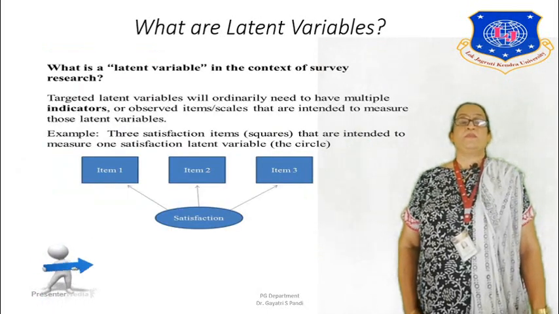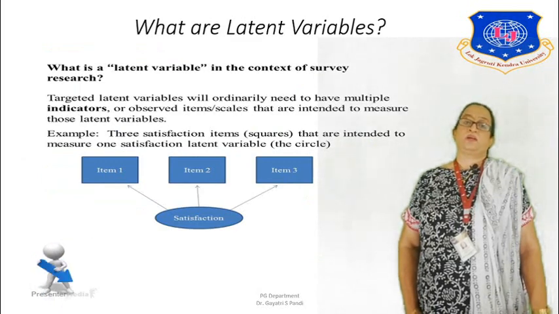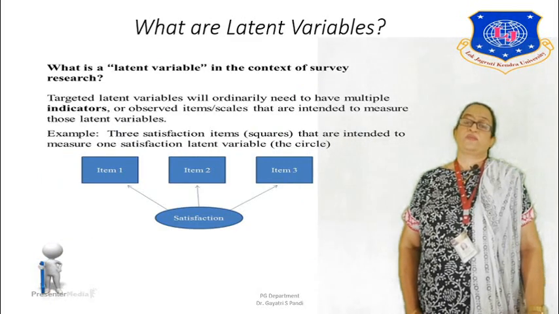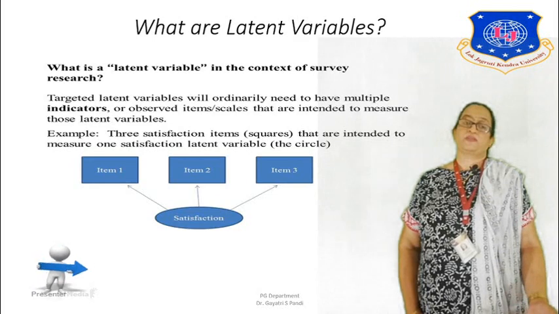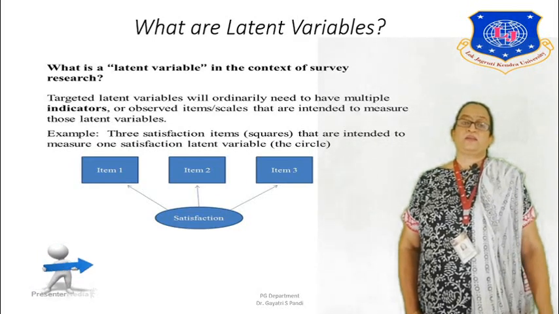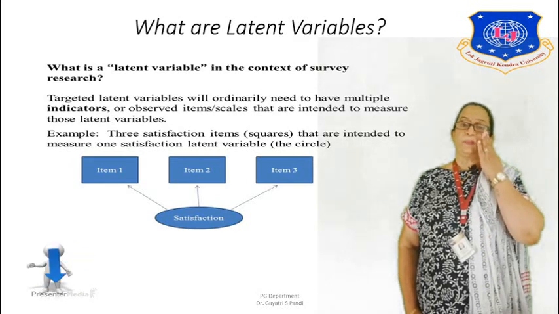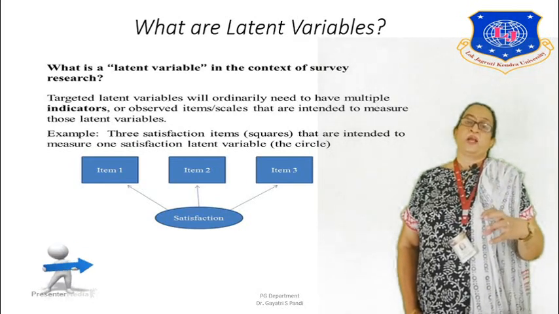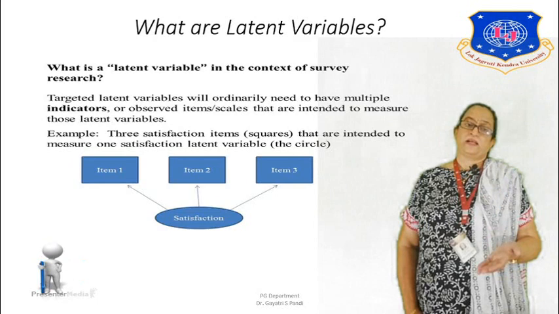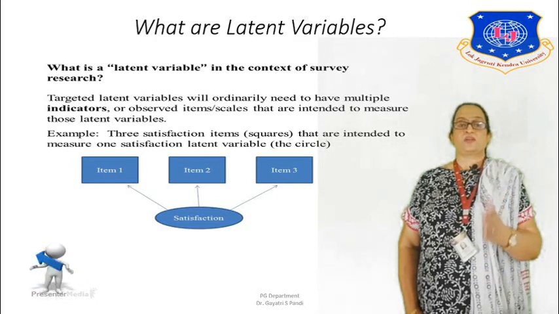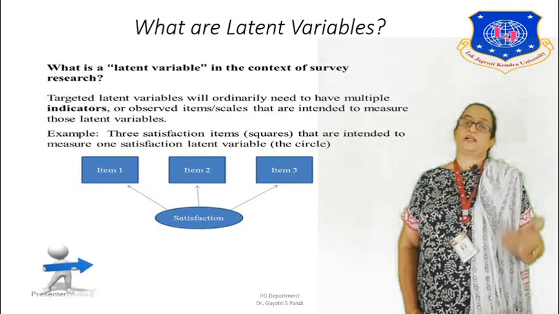Now let us see some more things related to a survey of research. What could be latent variables? Right? Targeted latent variables will ordinarily need to have multiple indicators. We saw stress could be an example of multiple indicators, or observed items or scales that are intended to measure those latent variables.